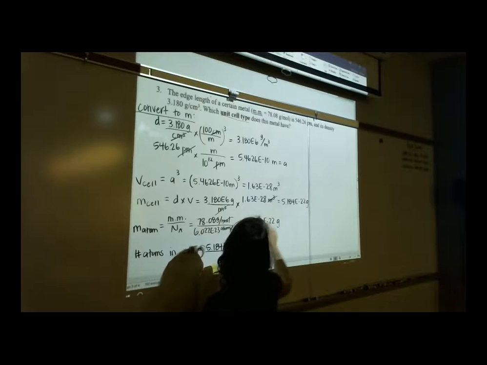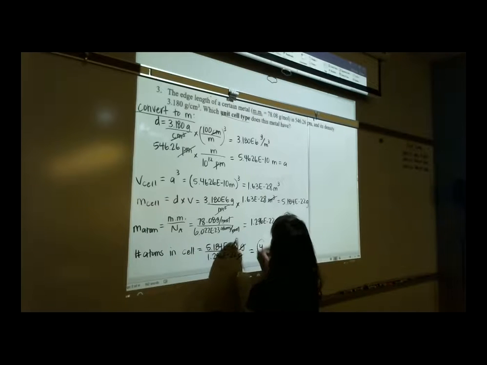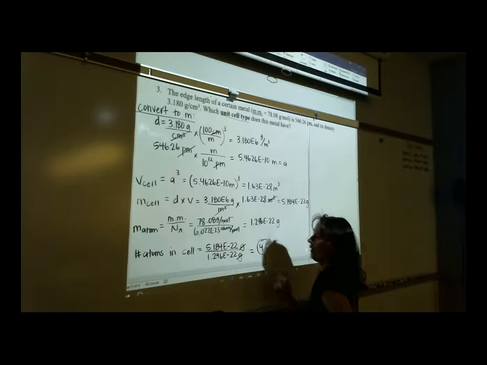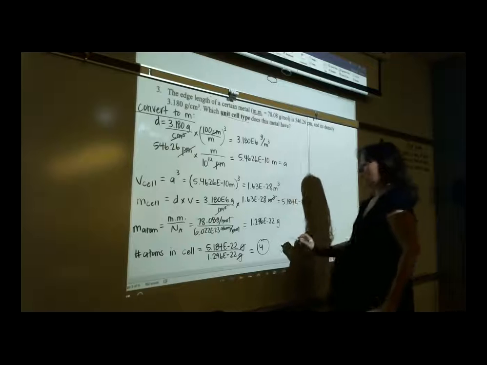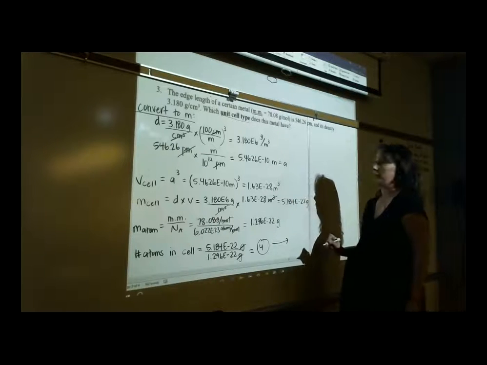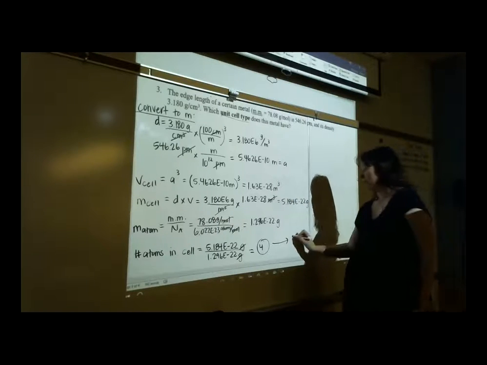We're seeing how many of these fit into one of these. 1.296 times 10 to the negative 22nd. So that comes out to be 4. So since there are 4 atoms in the cell, what cell type can we conclude it is? It's face-centered cubic.